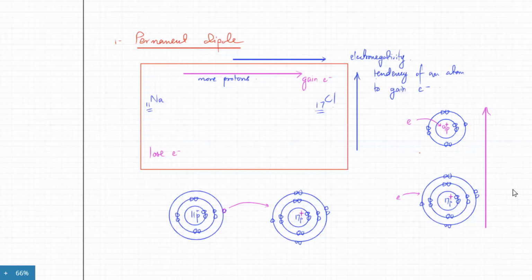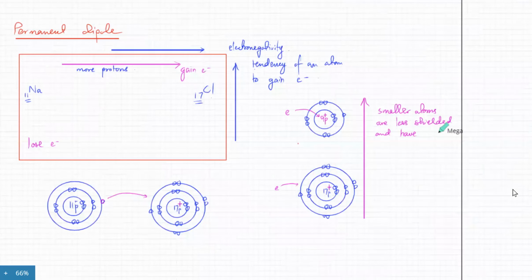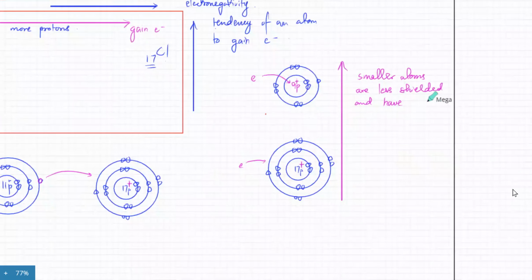So smaller atoms are less shielded because of the smaller size and the more exposed nucleus, and they're going to have a stronger attraction for electrons.